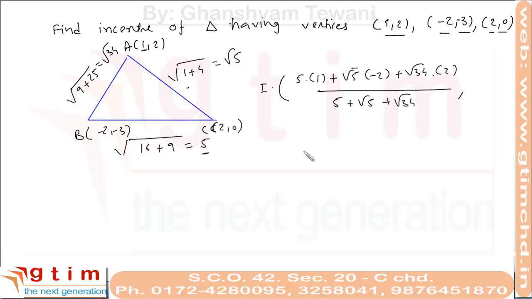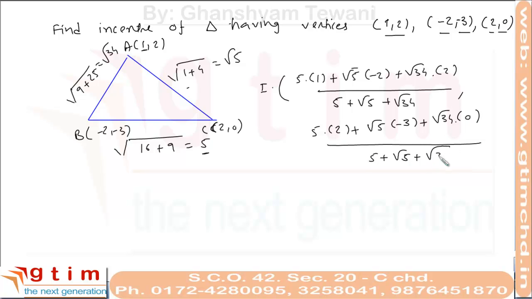By a similar pattern we can get the y coordinate, which is 5 multiplied by 2 plus root 5 multiplied by minus 3 plus root 34 multiplied by 0, upon 5 plus root 5 plus root 34. So these are the coordinates of the incenter.